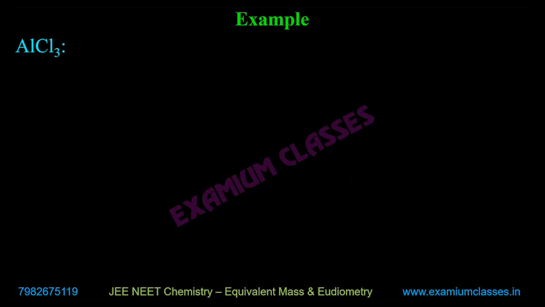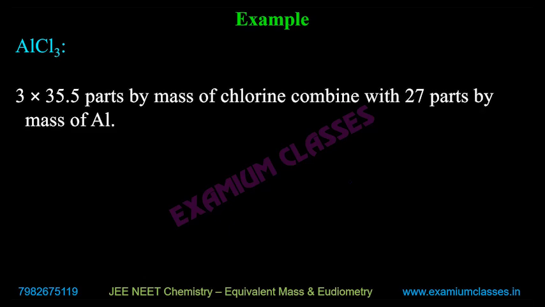AlCl3. So aluminum chloride, how many chlorine atoms are there? 3. So you will say 3 into 35.5 parts by mass of chlorine combines with 27 parts of aluminum, because the atomic mass of aluminum is 27. So aluminum is just one. So 1 mole will be 27 parts.